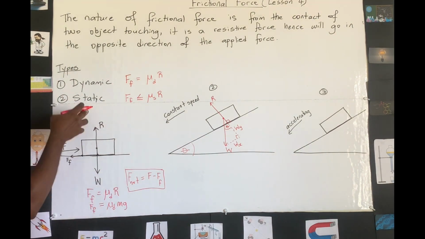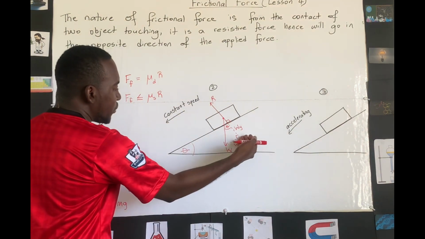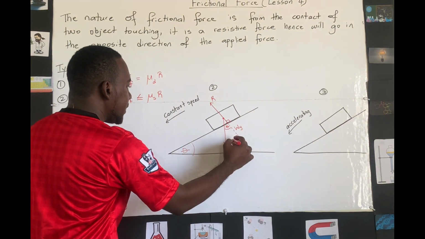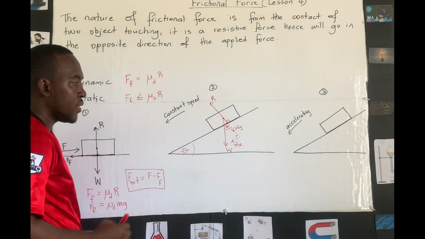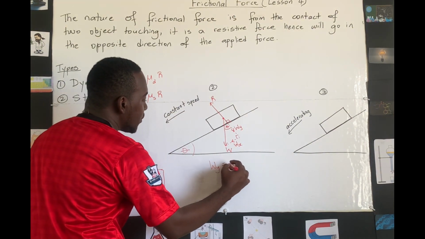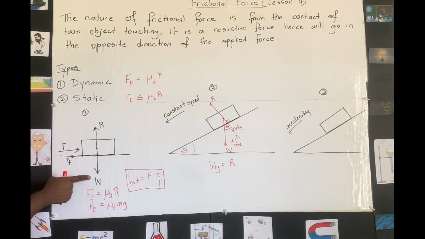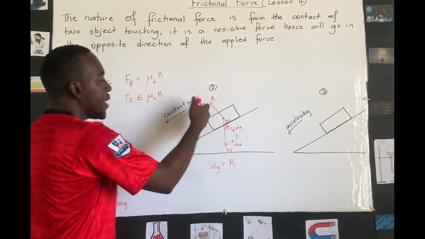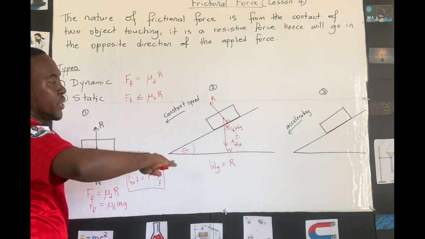So unlike this that only has a Y plane, this weight will be acting in both the X and the Y. So therefore your X will be pulling it down the incline and your Y is opposite to your normal force. So in this case we can say WY is equal to your normal force. Unlike this where W is equal to R, the Y of the W is equal to R because they're opposite forces causing the object not to go up or down.